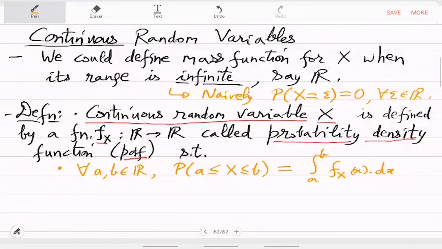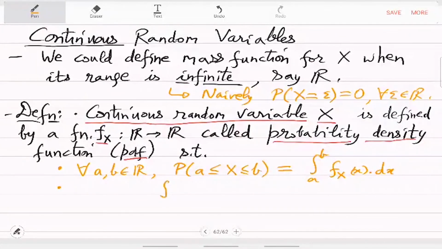Okay. So, now integration appears, which might seem shocking at this stage. We did not use integration till now. So, I will explain why this is happening, but let us just write down the properties first, which define a PDF, and then through that a continuous random variable.